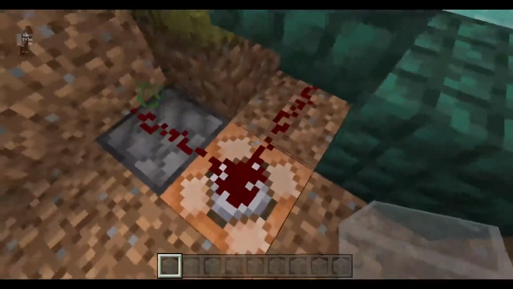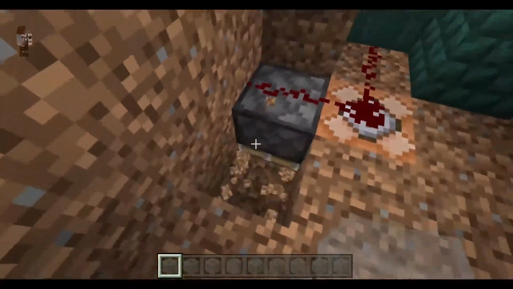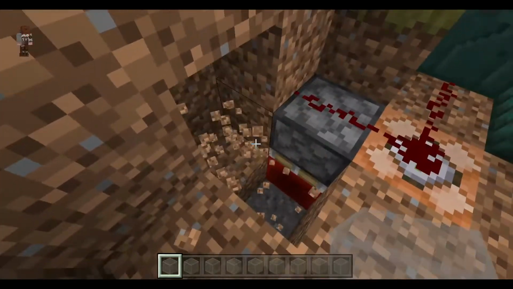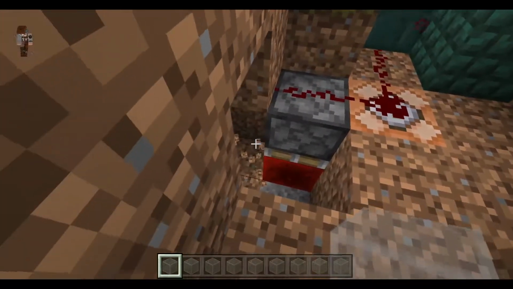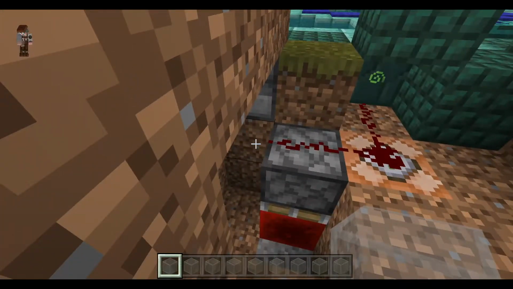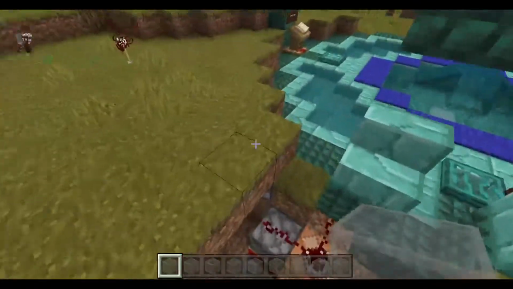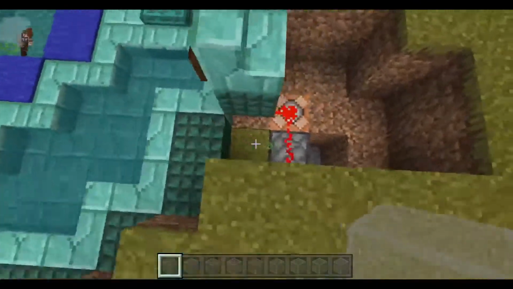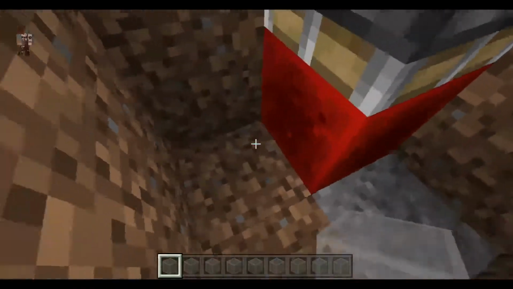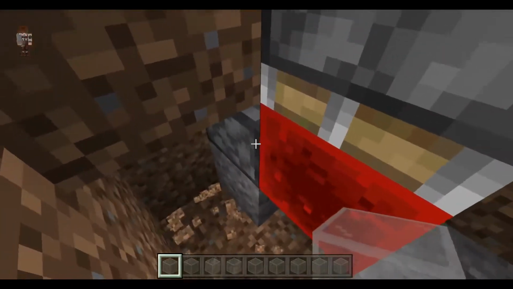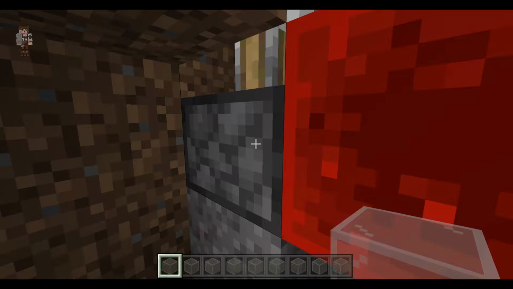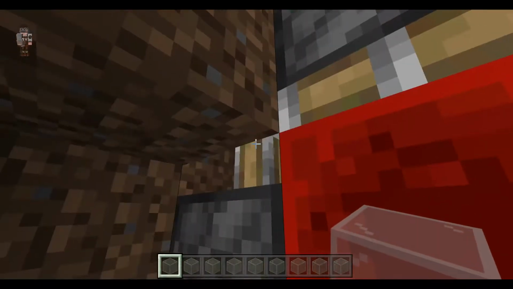Yeah, so the redstone signal just comes in and hits this piston right here, which, when that hits, it gets another block over here, or it depowers this, which pulls the block down.